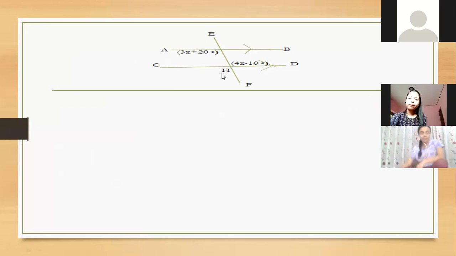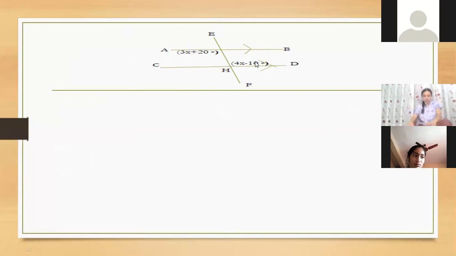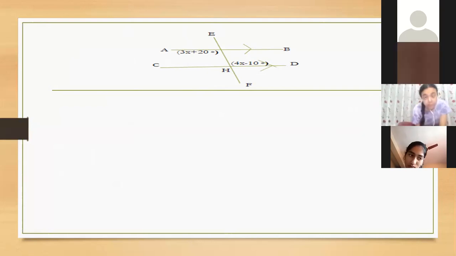Please write down and find out the relationship of these given angles here. And you have to tell me what you should do to find the value of x from this figure. These two lines are parallel and this is the transversal. Now tell me what type of angles are these two angles? Co-interior angles?